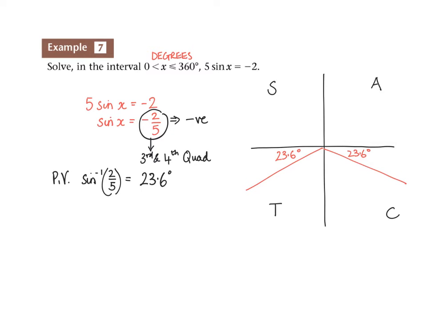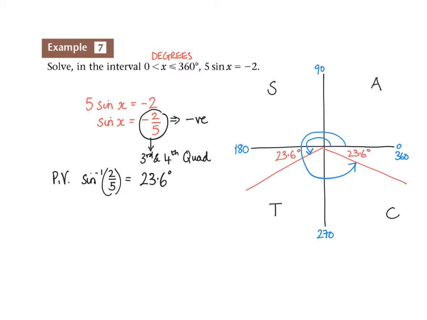So the two angles that we're actually looking for, that's one, it's 180 plus 23, and the other one is 360 minus 23. So putting our angles in again, 90, 180, 270 and then back to 360.